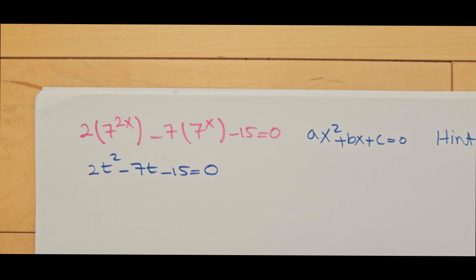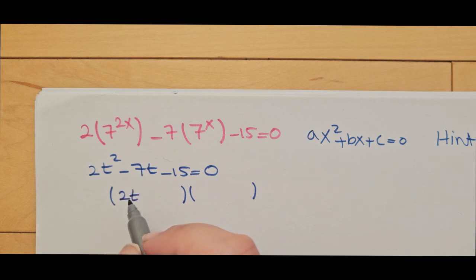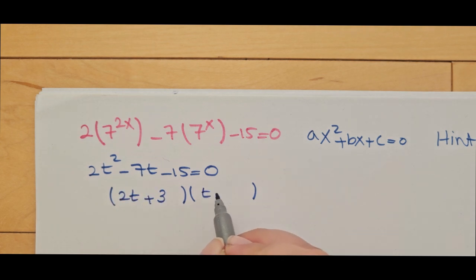To solve this quadratic, you can use the quadratic formula or you can use factorization. It's up to you. I will use the factorization. It will factorize to (2t plus 3)(t minus 5) equal to 0.